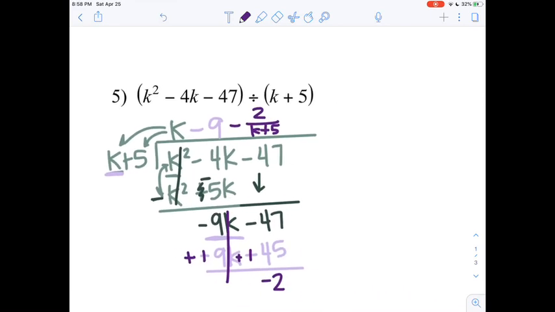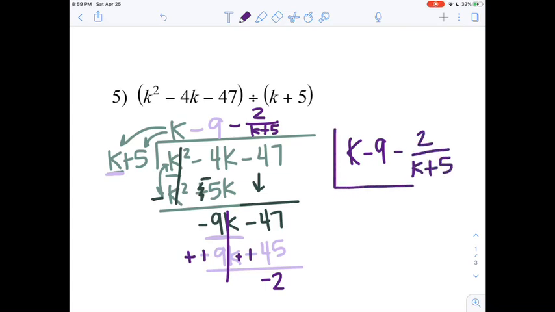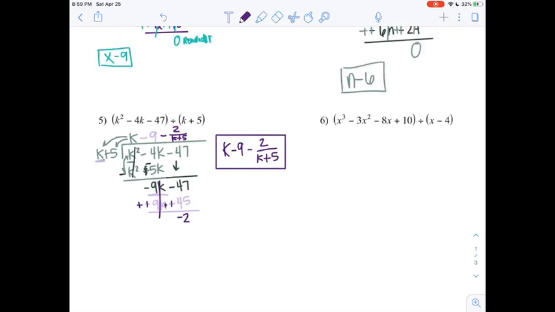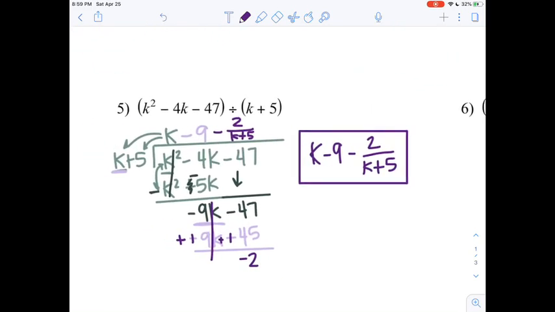So your final answer is going to be k minus 9 minus 2 over k plus 5. Again, it's minus 2 over k plus 5 because it was negative 2. So this would be an example of where you can't factor. When you end up getting a remainder, that means that polynomial wasn't factorable, so you can't just factor to try to figure out the answer.